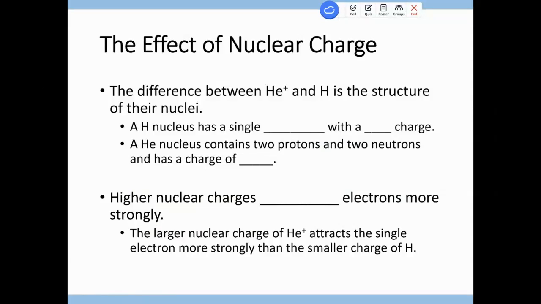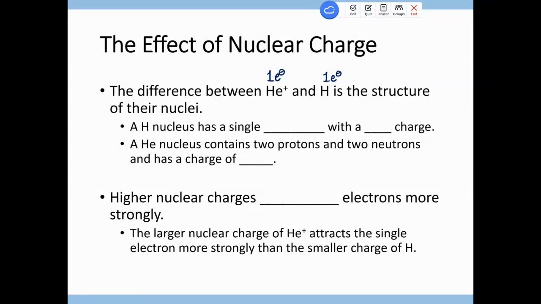Let's talk a little bit more about nuclear charge. We're going to compare helium with a +1 charge, which has 1 electron, and neutral hydrogen, which also has 1 electron. So we have the same number of electrons in these two atoms, but the difference between the two is the structure of their nuclei.